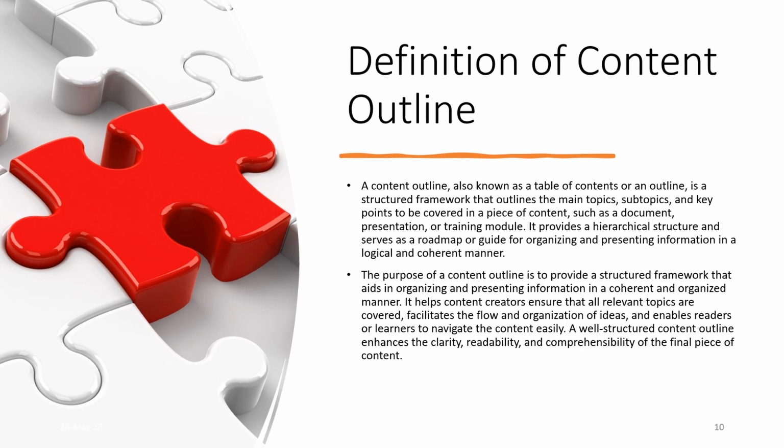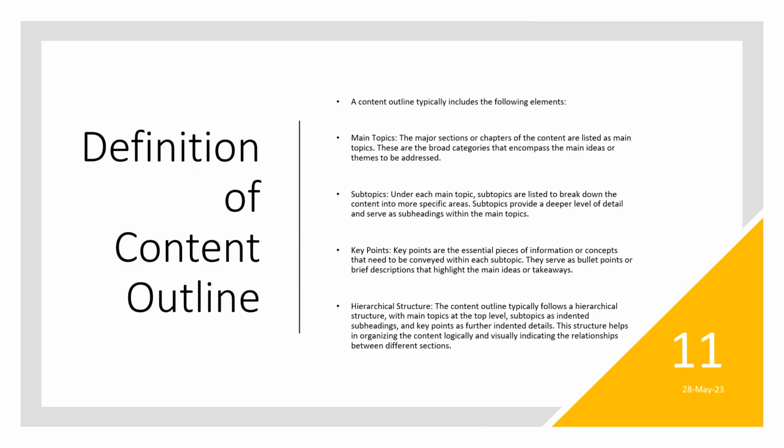The purpose of a content outline is to give you some idea of the topic that you're going to learn, facilitate the flow, and enable learners to follow your class or your training easily, and they can adjust their understanding according to the flow of your training.